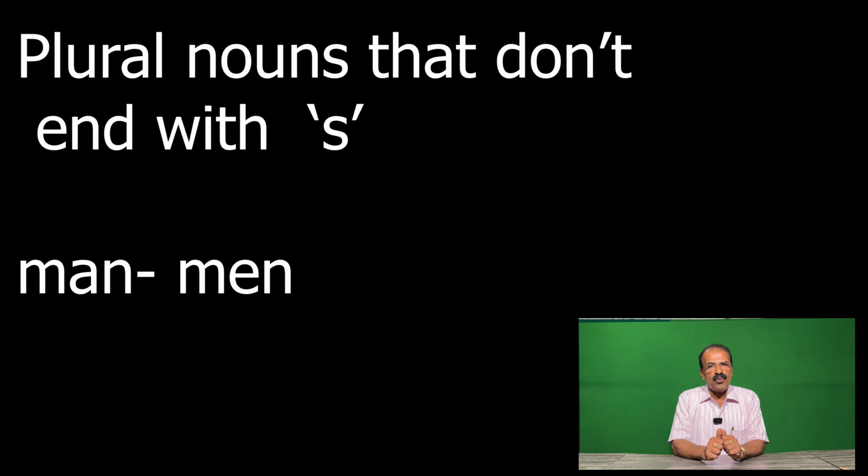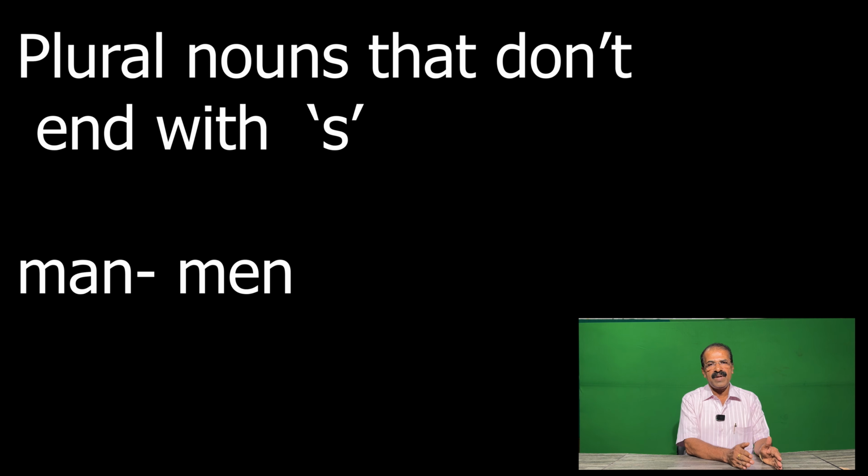Now the third one. When you have a plural noun that doesn't end with S. There are so many irregular plural nouns. For example, man is singular. What is the plural form? Men. Men is a plural noun, but the last letter is not S. When you make the noun students plural, you add S. But when you make the noun man plural, you can't make use of S with that because it has a different plural form.